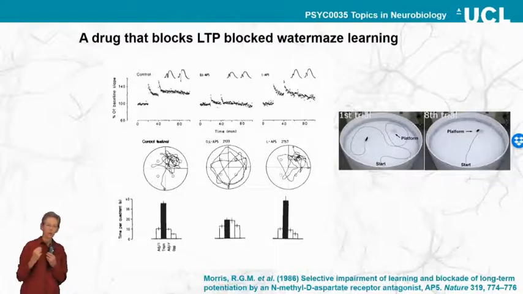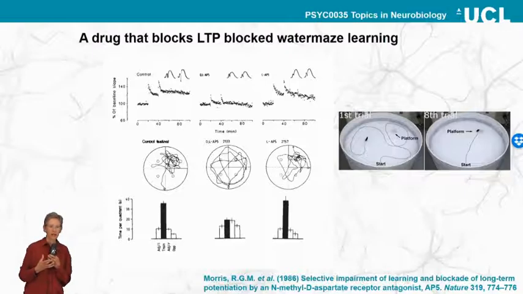Then they tested animals in the water maze, and you can see in the middle panel that the animal that had the LTP blocked with the drug is searching aimlessly, very much like a rat with a hippocampal lesion. So that's really quite strong evidence for involvement of the NMDA receptor in learning, and by implication, involvement of LTP.